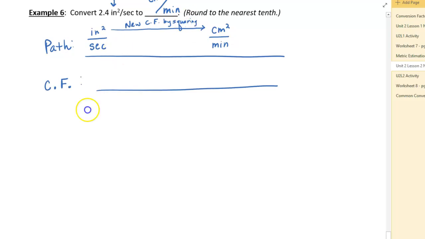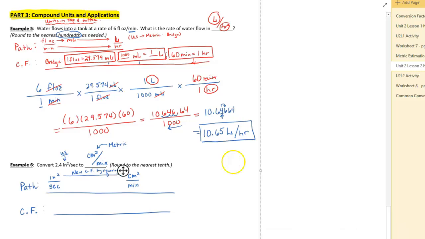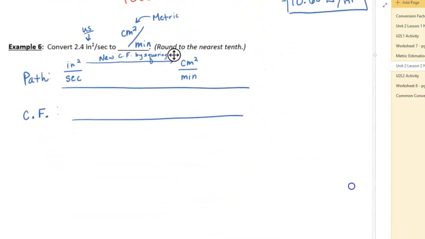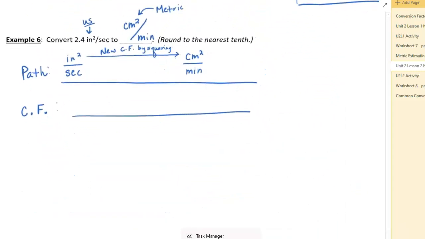In the bottom, we're going to go, sorry guys, I don't know why this is jumping around on me. Do we know how many seconds are in a minute? Yeah, so we can go straight from there. So let's look at this new conversion factor. We know that 1 inch is equal to 2.54 centimeters.